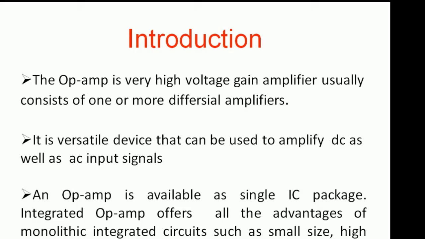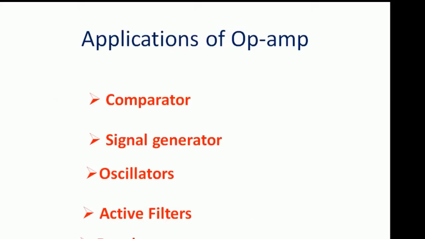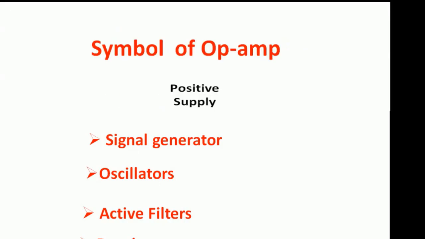Integrated op-amp offers all the advantages of monolithic integrated circuits such as small size, high reliability, reduced cost, and less power consumption. There are wide applications of operational amplifier such as comparators, signal generators, oscillators, active filters, and regulators.